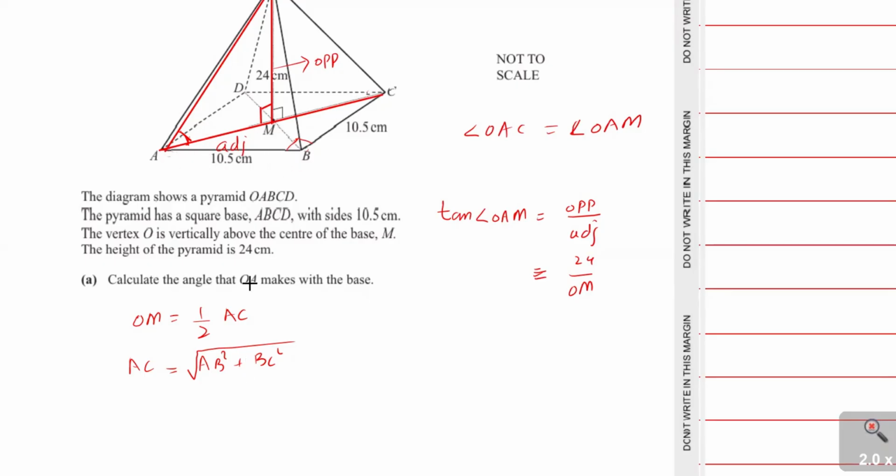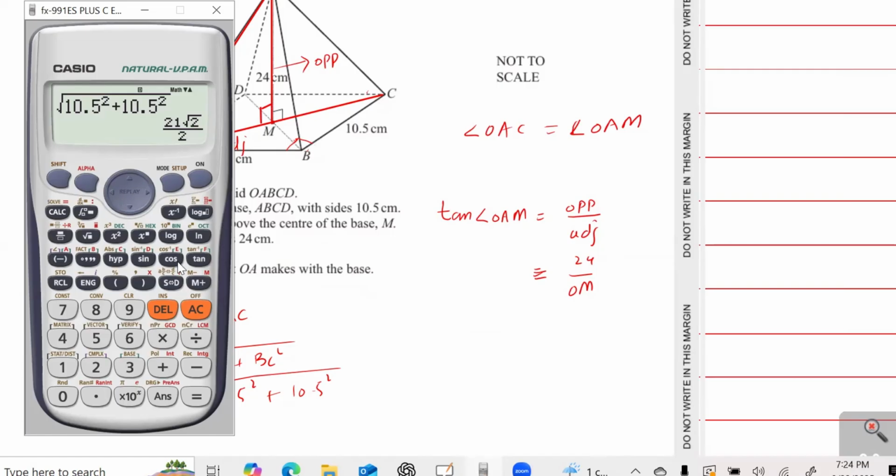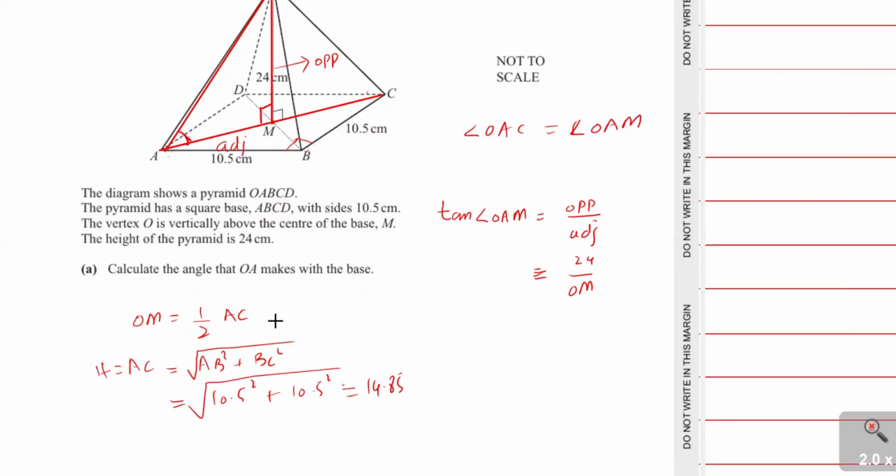According to the Pythagoras theorem, the hypotenuse equals the square root of base squared plus perpendicular squared. Here AB is 10.5 squared, BC is 10.5 squared, and we take the square root. This value equals 14.85, and half of 14.85 will be the length of OM.